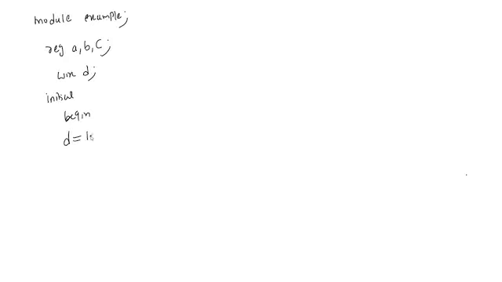Suppose we take one example: module example, reg a, b, c, wire d, initial begin, I am initializing d equal to 1, end module. So my question is, will this code compile or not?